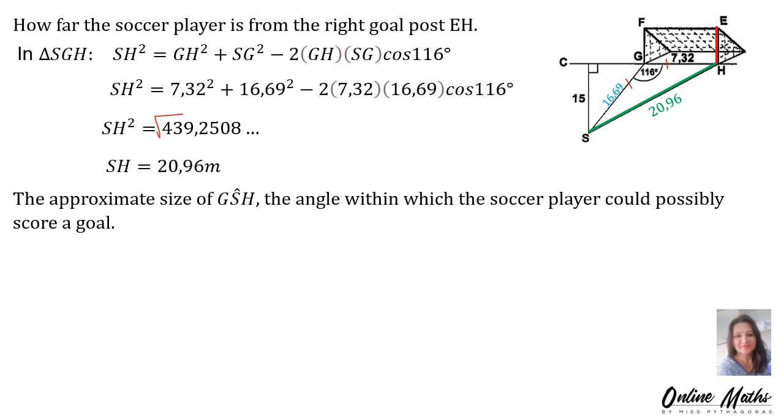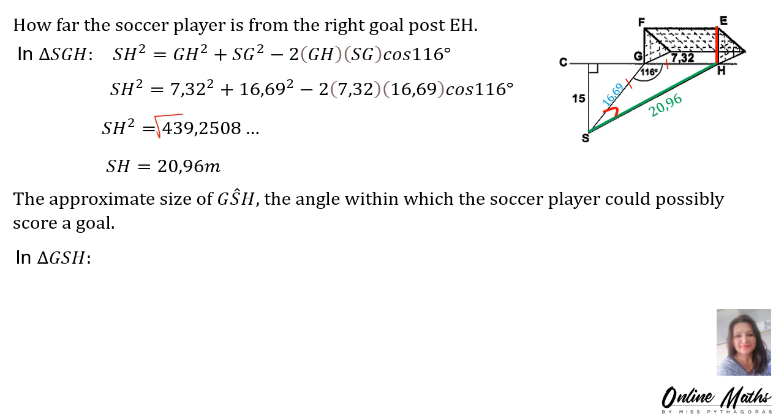The next question, the approximate size of angle GSH is that one. The angle within which the soccer player could possibly score a goal. Again, we are working in the non-right angle triangle, and now we will work with the sine rule.